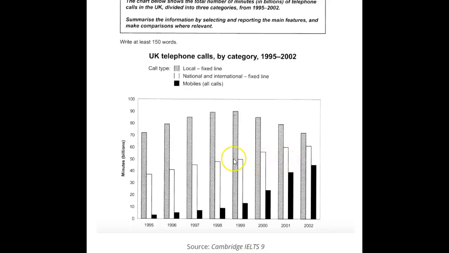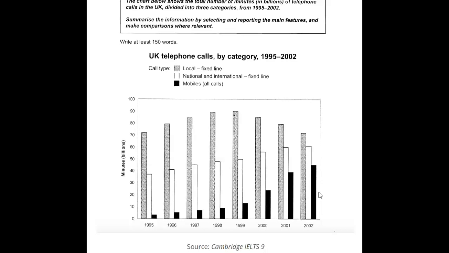So you could say something like, although the difference between the three types of phone calls was sizable in the beginning of the period, by the end of the period there was only a 30 billion minute difference between the top and the lowest. Or you could say something like that, just to kind of round things out. Not that you need to, but you could, especially if you're aiming for one of those really higher scores.